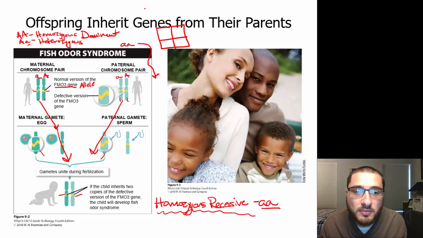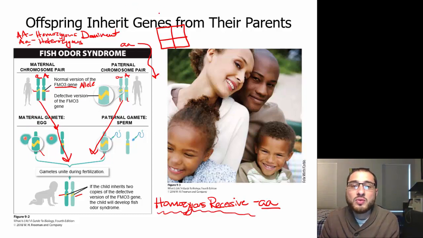So when we like to make Punnett squares, we're going to look at them and we'll say, hey, the father has uppercase A, lowercase a. The mother has uppercase A, lowercase a. And now when we put them together, these are the options. You can either make a child that's uppercase A, uppercase A. You can make one that's uppercase, lowercase, another one uppercase, lowercase, and then a lowercase a, lowercase a.